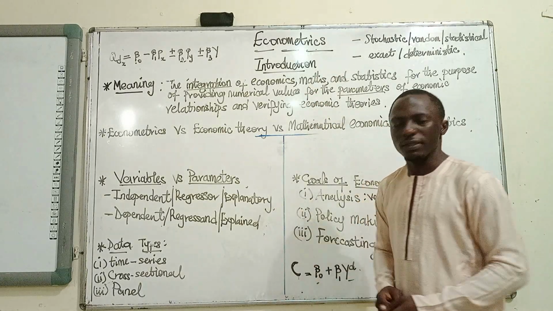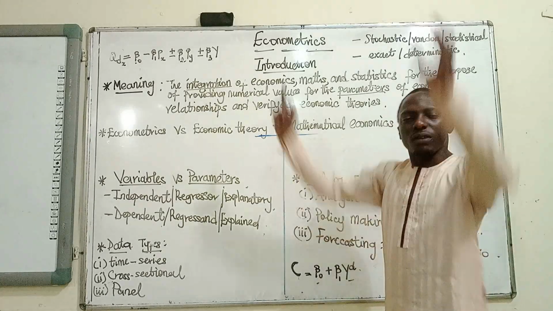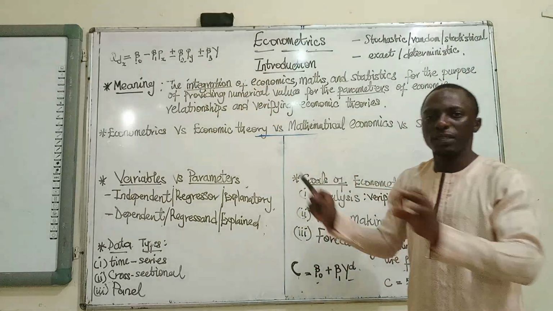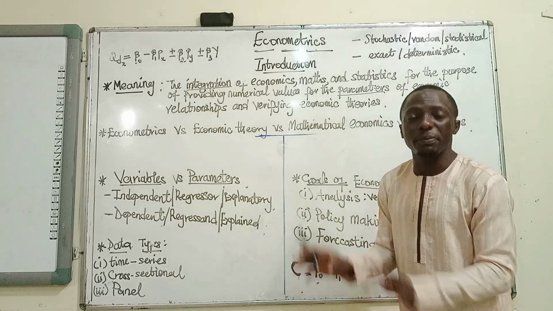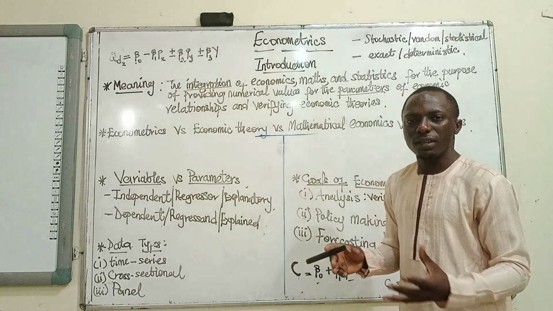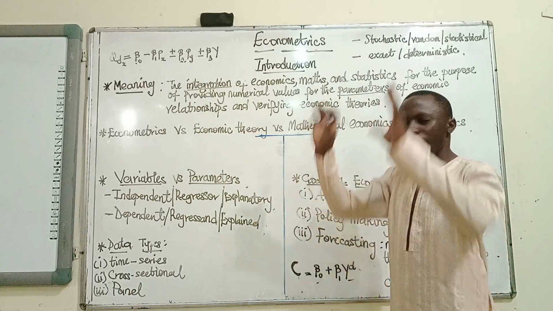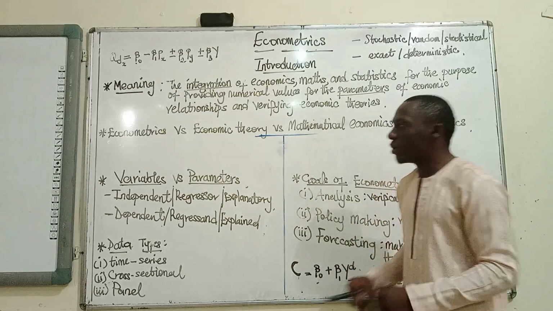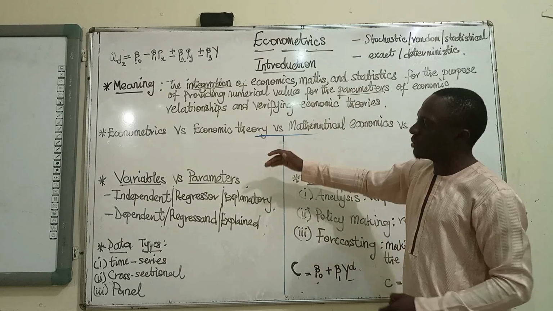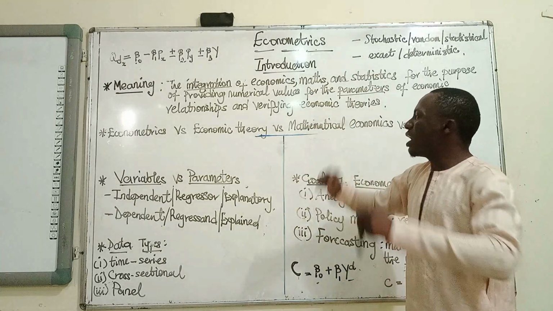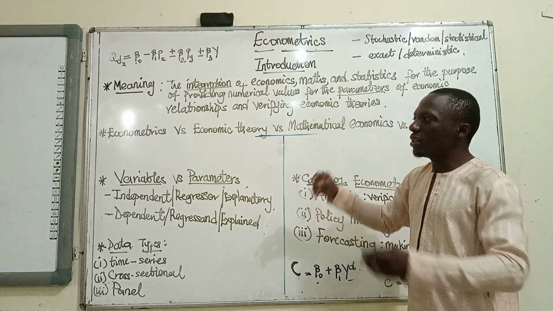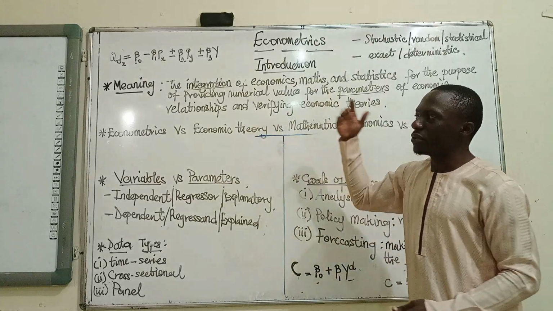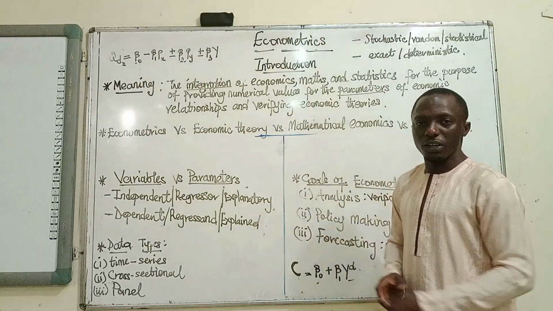What does econometrics mean? There is always a confusion between econometrics, mathematical economics and statistics, as if basically they're the same thing. Being a very good statistician doesn't make you an econometrician, and also having knowledge about economic theories and mathematical economics alone doesn't make you sound in econometrics.